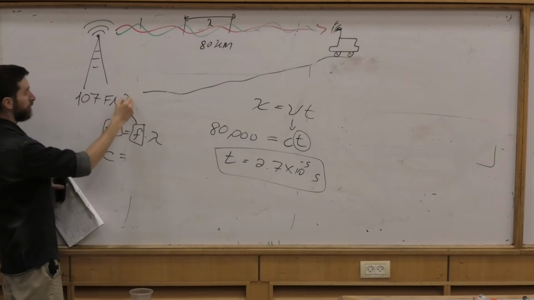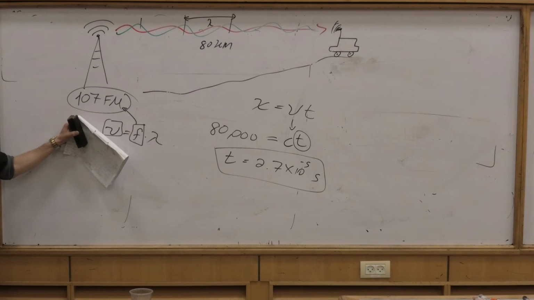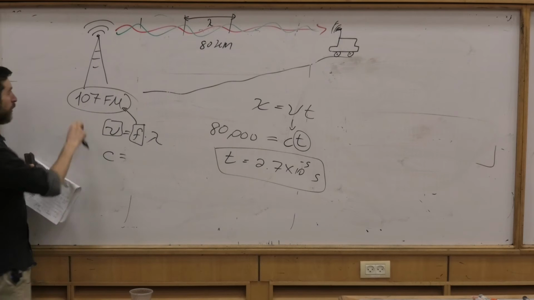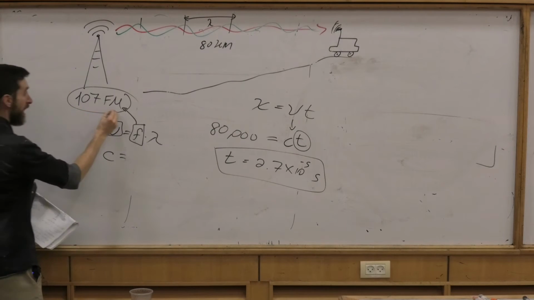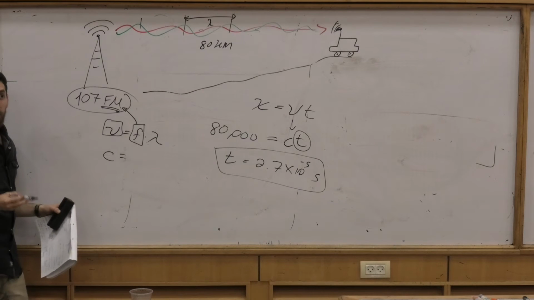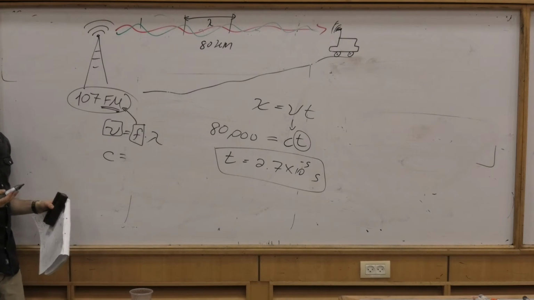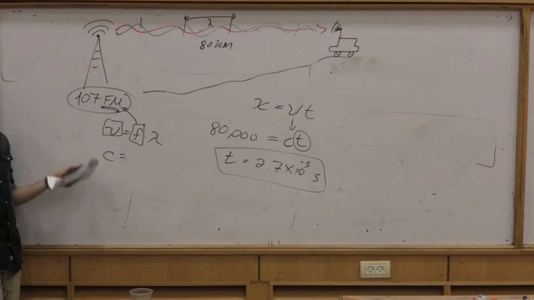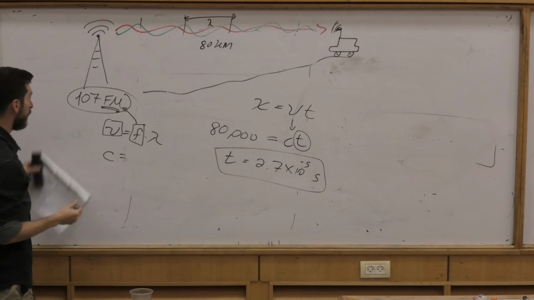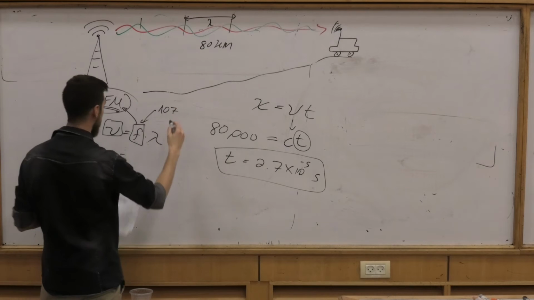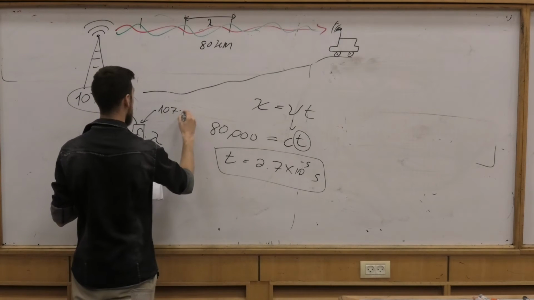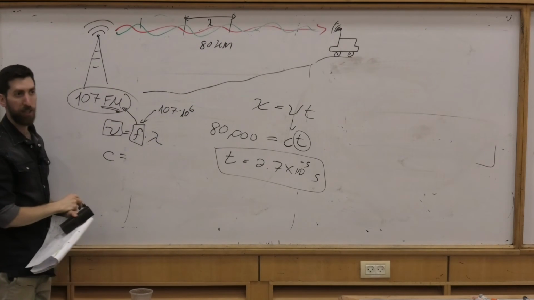Hey, I just told you something. I told you which radio station we are listening to. So 107 FM means 107 megahertz. Everybody knows that radio is in megahertz. So this term is actually 107 megahertz, which is million, 10 to the 6.